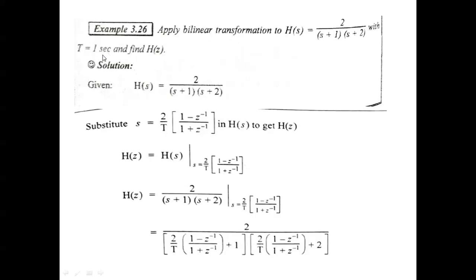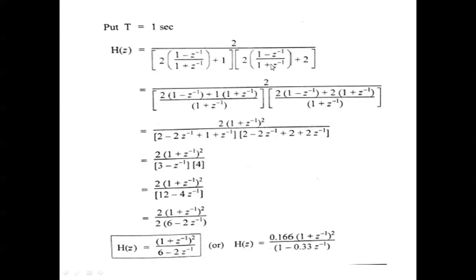The question also gives T equal to 1 second, so wherever T is there, just apply 1 second. The equation will be like that, and simplify the equation, take the LCM, and you will get it like that.